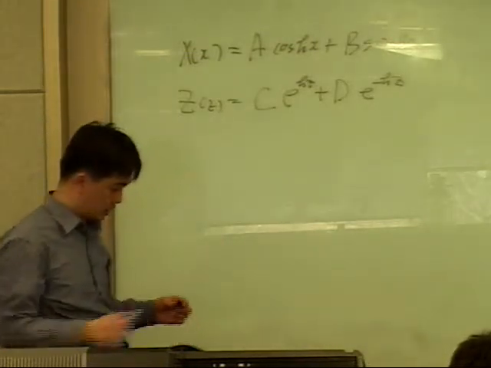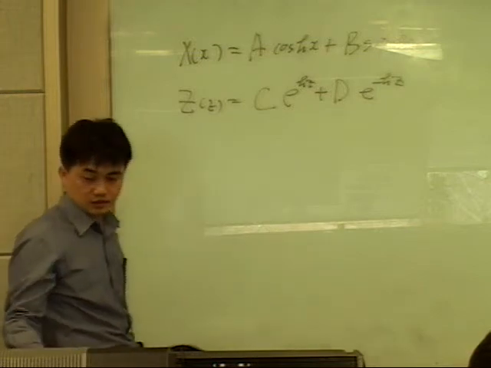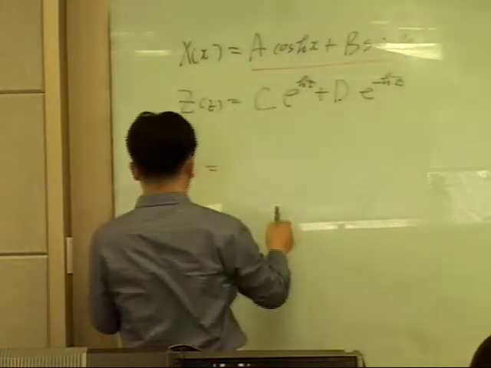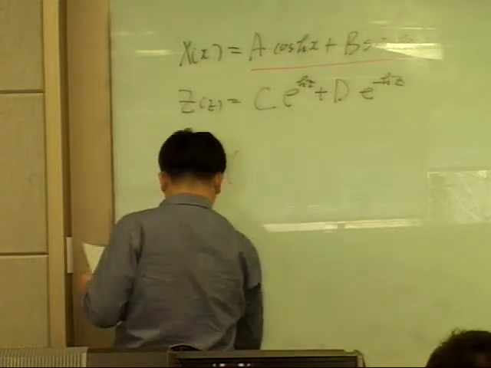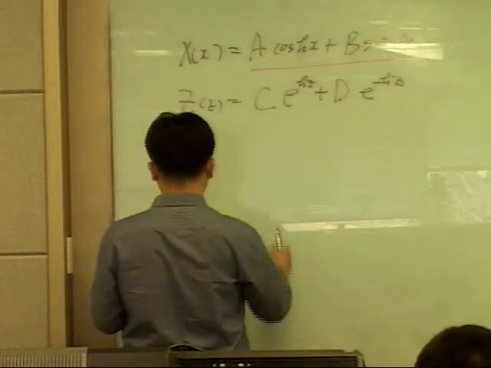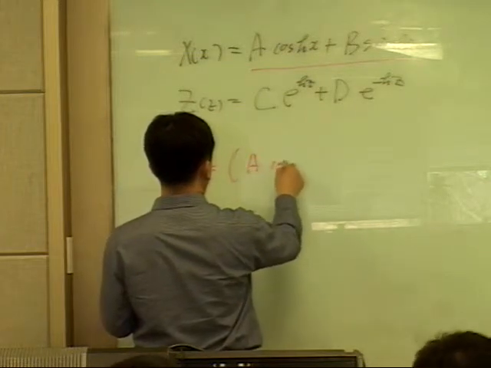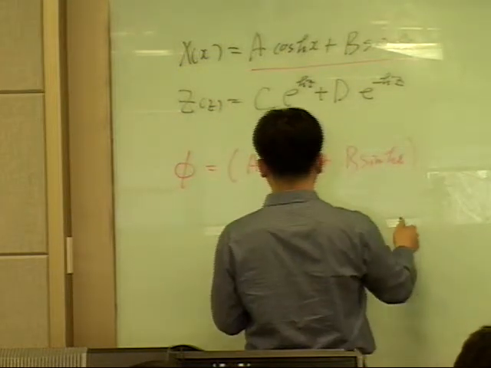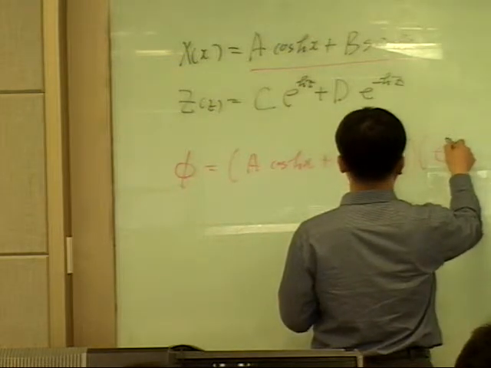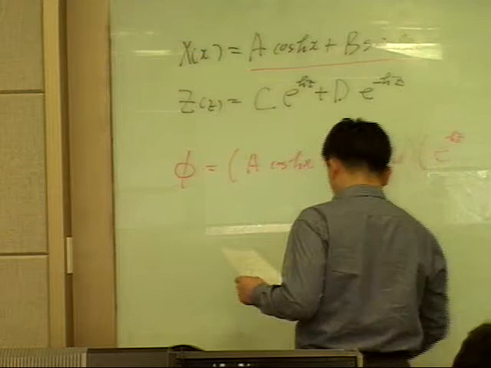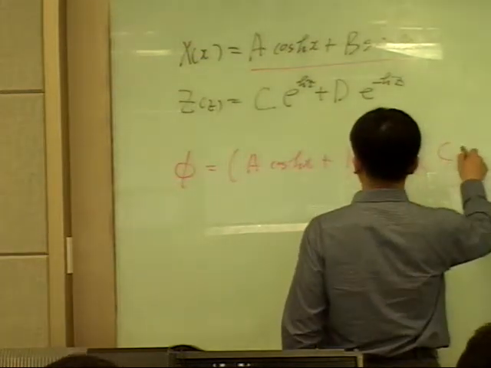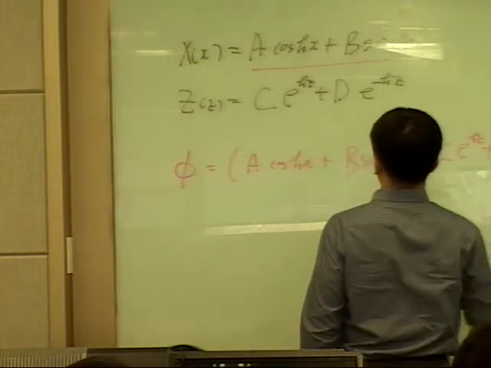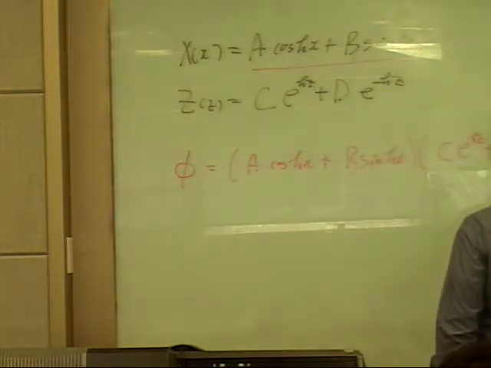Then our potential will be this term multiplied: A cosine kx plus B sine kx, and the g term, C e^kg plus D e^minus kg, and sine sigma t, right?